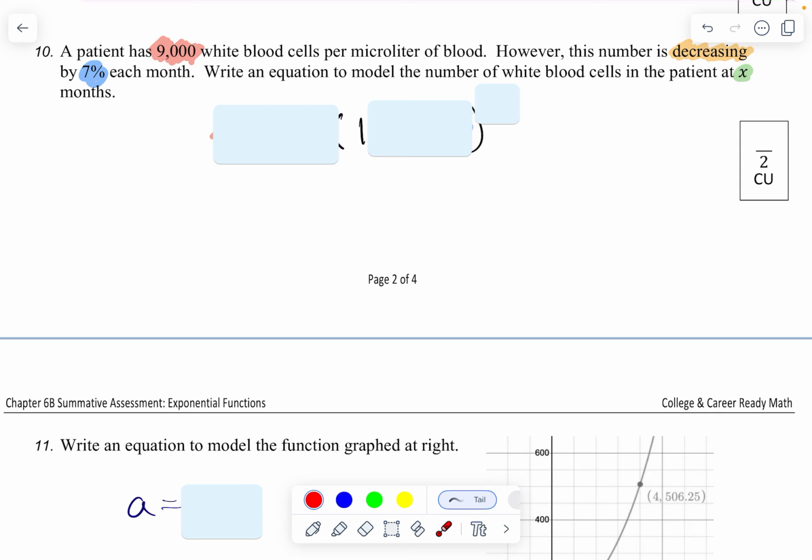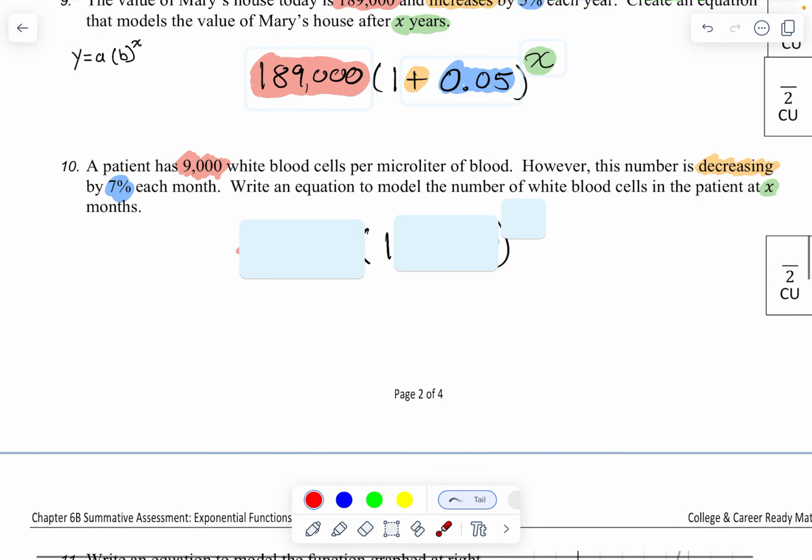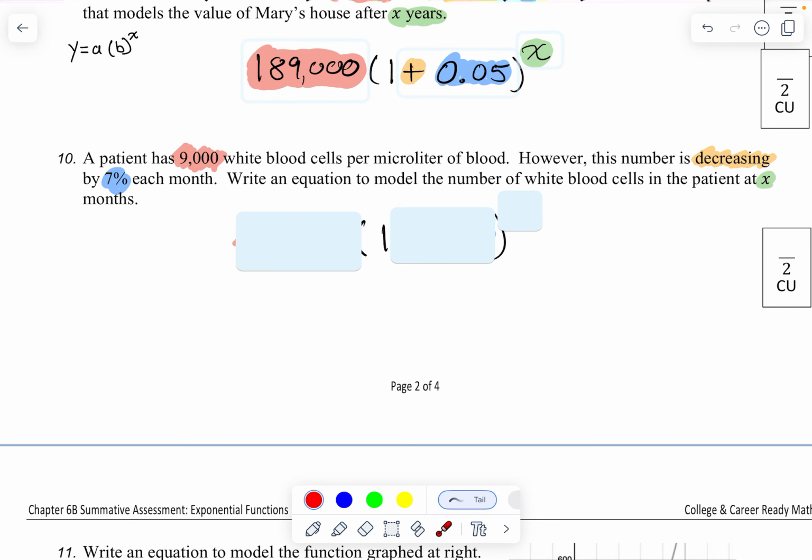So first thing, again, we go back to that general y equals a times b to the x. I want to know, how many white blood cells are they starting with? 9,000. So there's my a value. If we're decreasing, it's going to be 1 minus 7%, or we could say 93% remaining, or my base of 0.93.